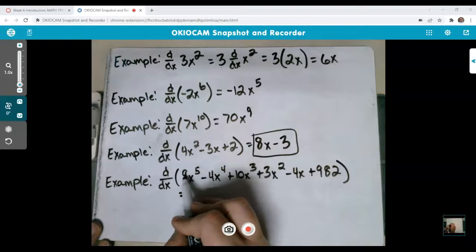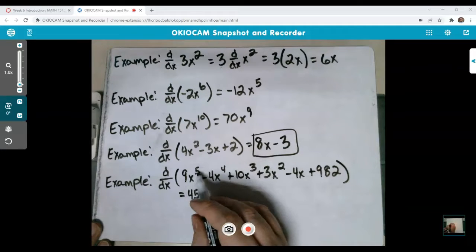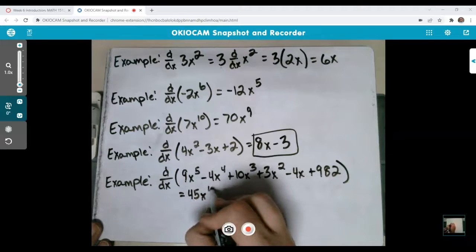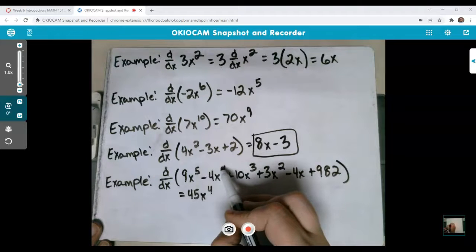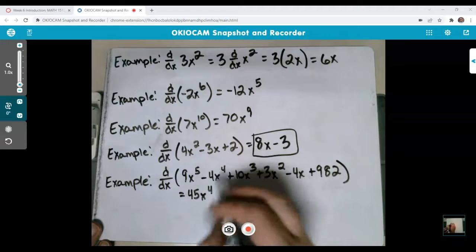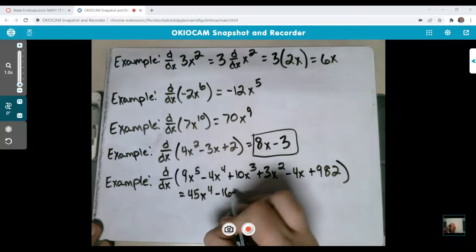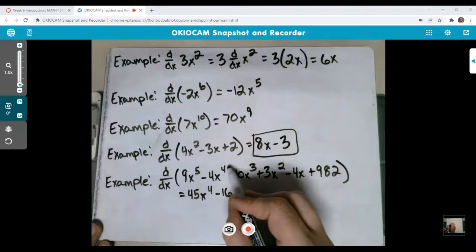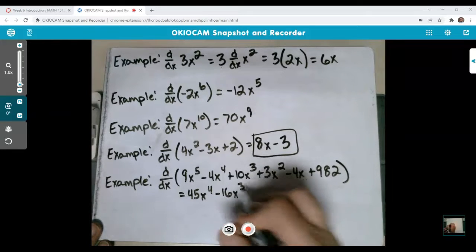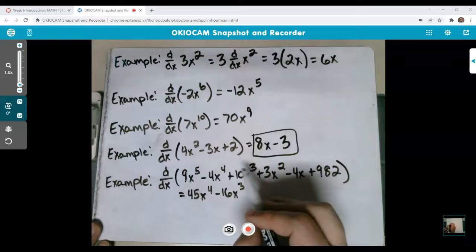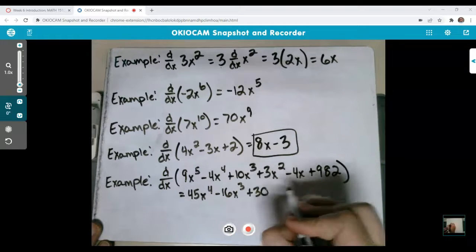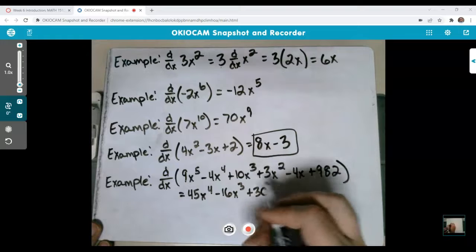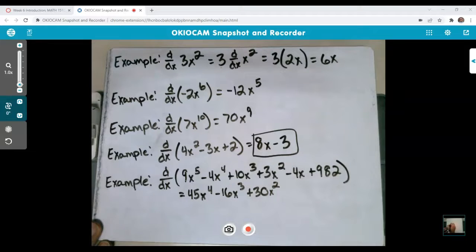So 5 times 9 is 45 times x. My power was 5 minus 1, and we get to the 4th. Move on to my next term. Bring down my power. 4 times negative 4 is negative 16. x to the power of 4 minus 1 is 3. Do it again. Bring my power down to the front. 3 times 10 is positive 30. Bring my power down by a 1. 3 minus 1 is 2.